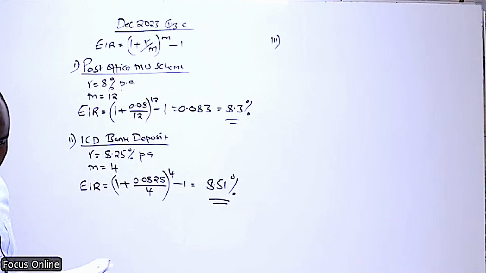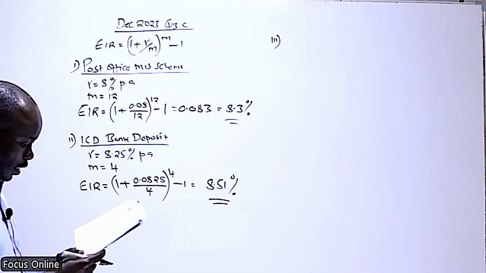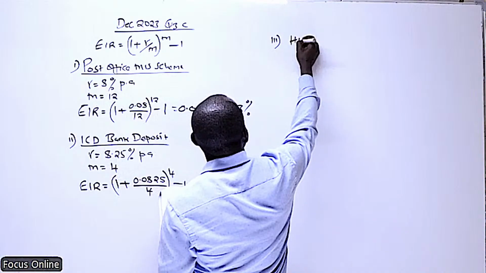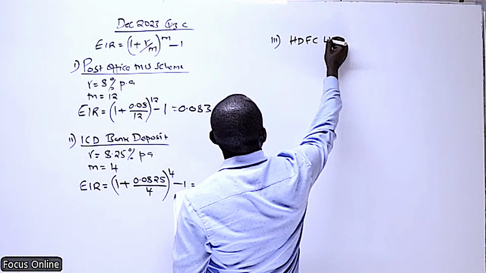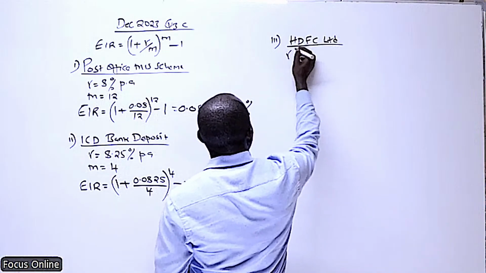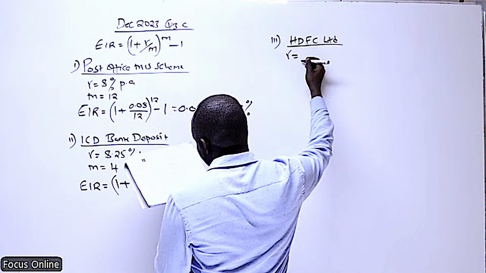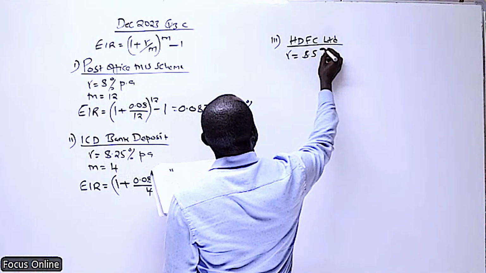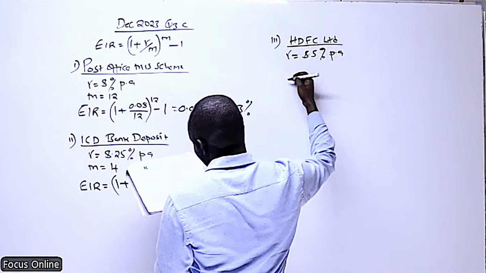Thank you for your answers, Alan and Stephen. Next, HDFC Limited. Here, interest is half yearly, but 8.5% per annum.